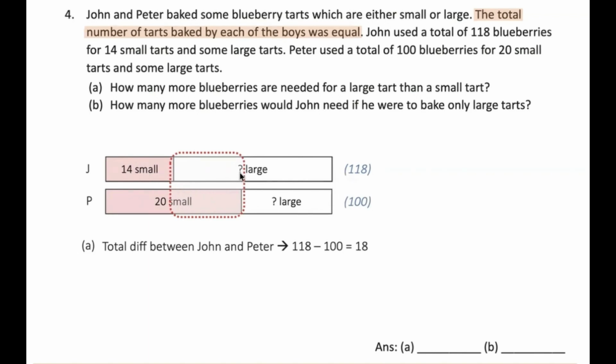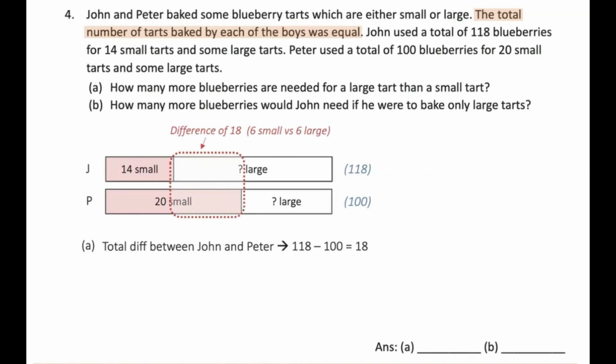Okay, so there are 6 large tarts here and 6 small tarts here. And the difference between the blueberries in the 6 large tarts and the blueberries in the 6 small tarts is equal to 18.